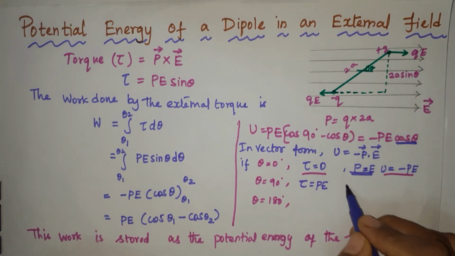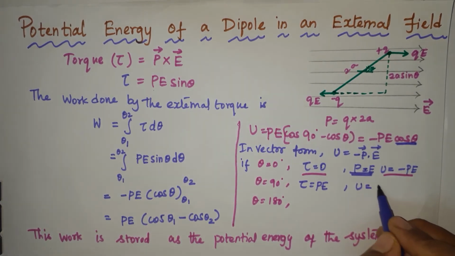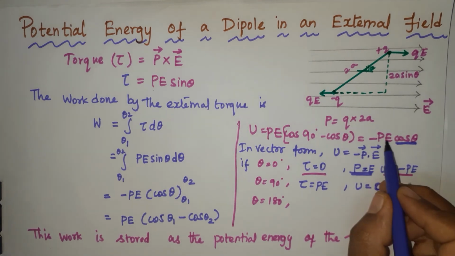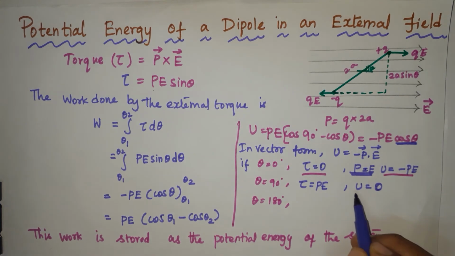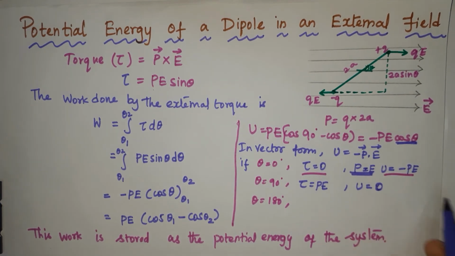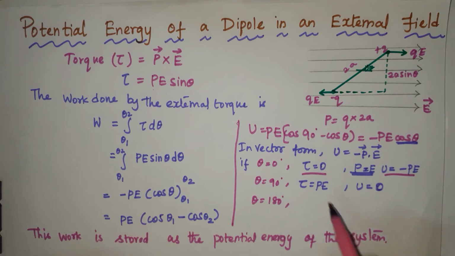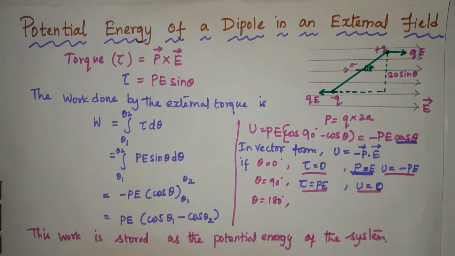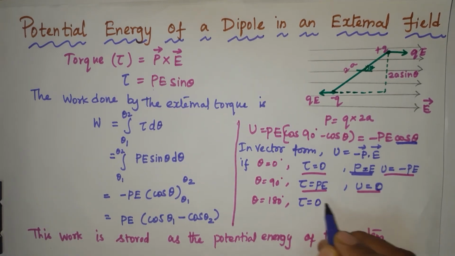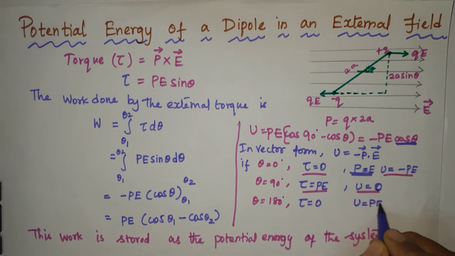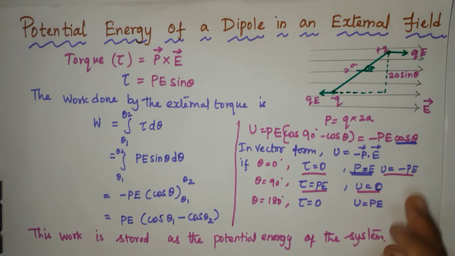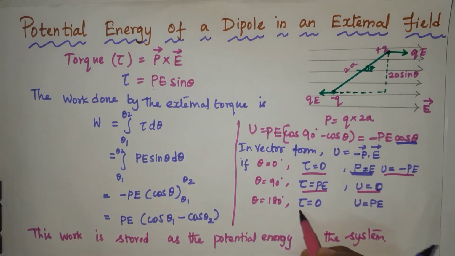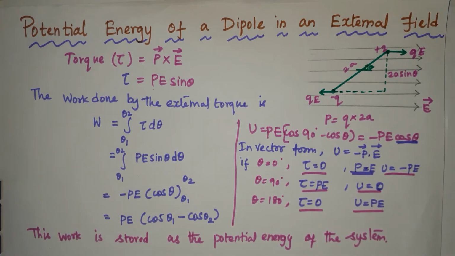The potential energy U is minus PE cos 90, and cos 90 is 0, so U equals 0. For theta equal to 180, tau equals 0 and U equals PE, because cos 180 is minus 1, and minus PE into minus 1 becomes plus PE.